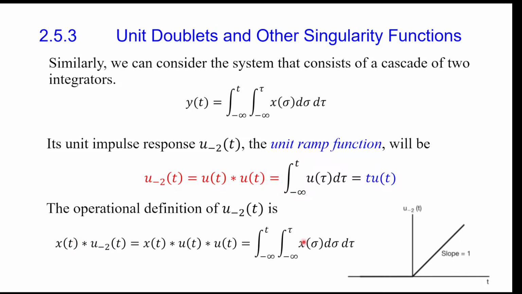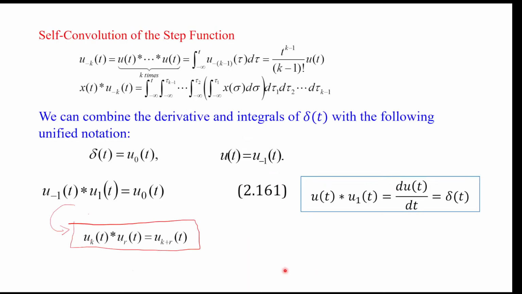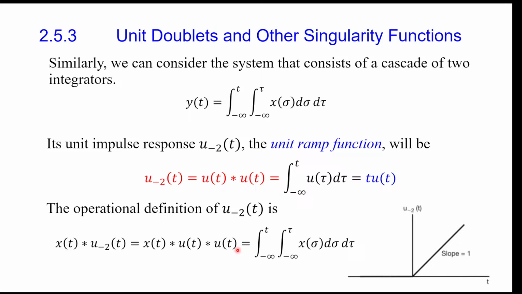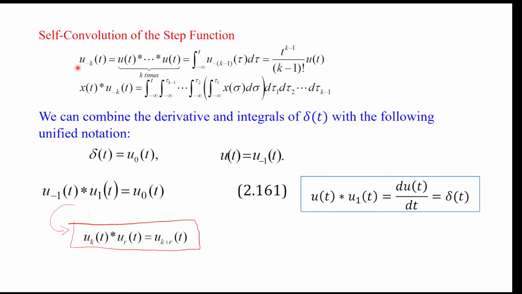We can also have the operational definition of u minus 2: x of t convolved with u minus 2 is the twice integration of x of t. You can generalize this to k, and we find that you can write u sub minus k of t as the unit step function convolved k times. They are all not singular, so they are all very straightforward functions.